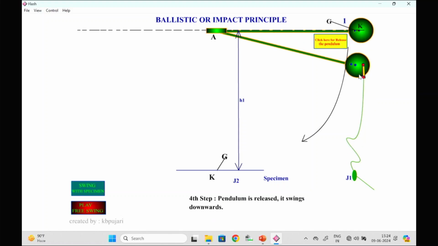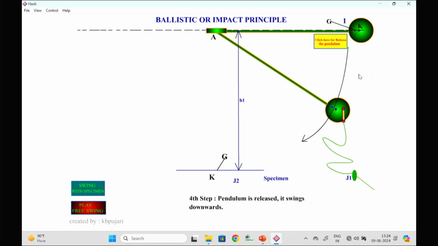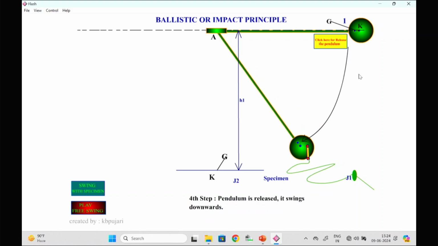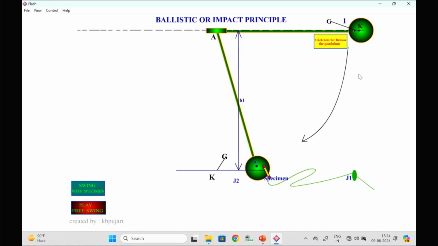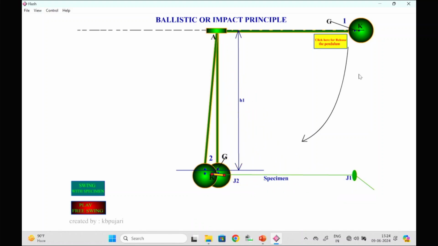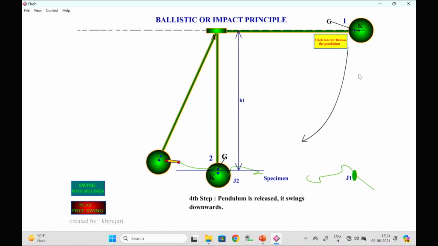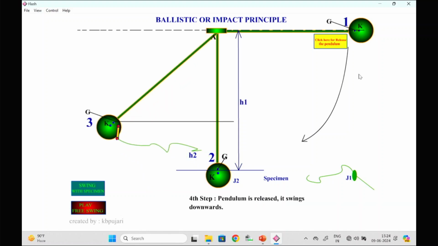Now it is swinging. When it comes to the starting point, that is the vertical position, the thread will be straightened, and after that the load will be on the thread.